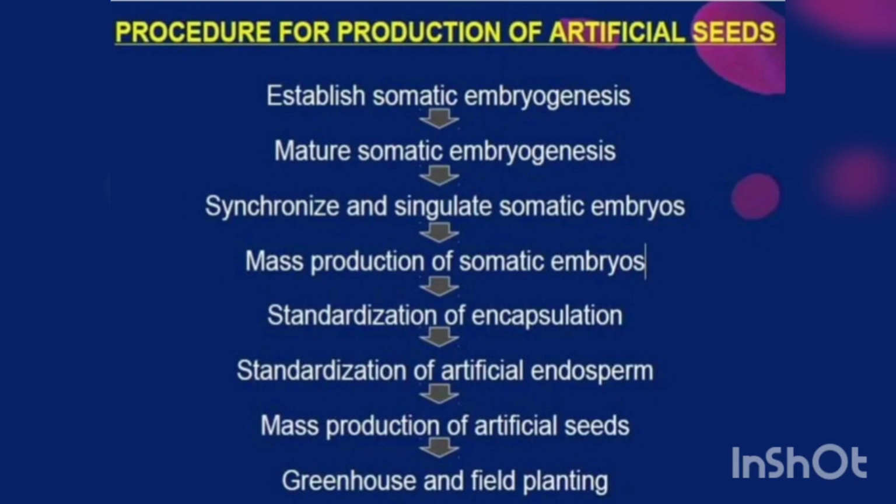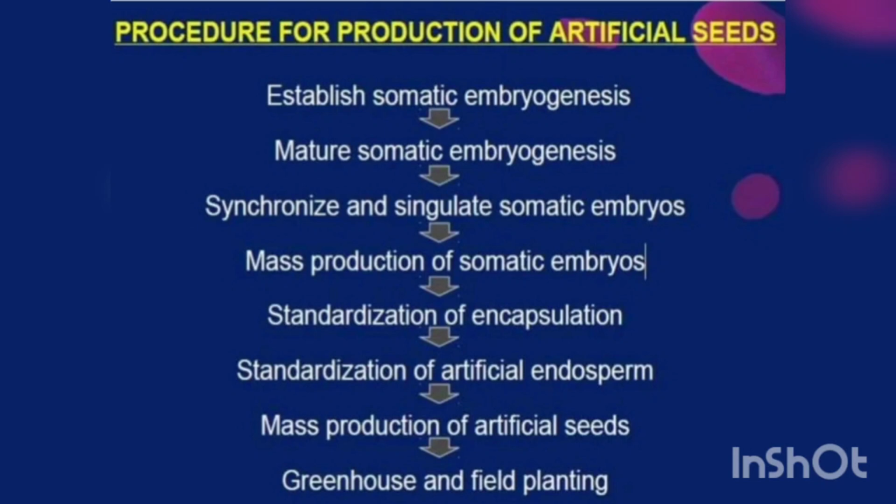Then the encapsulation should be standardized, and artificial endosperm should also be provided. With all these requirements, mass production of artificial seeds is achieved, and they can be transferred directly to greenhouse or field.